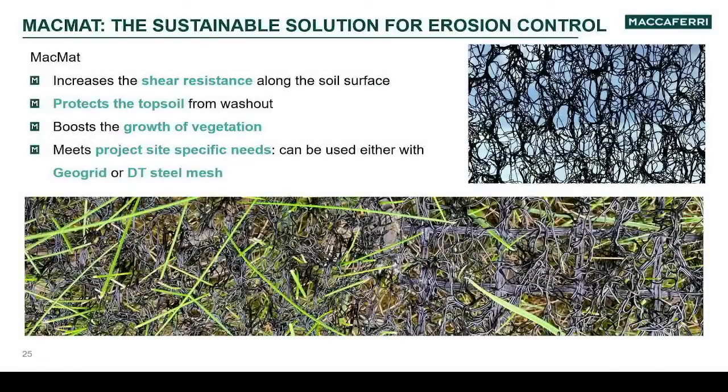We see that there is a lot of increase in the shear resistance when we include a reinforcement inside these kinds of geosynthetic solutions. Reinforcement could be steel, or it could be a high strength polymer geogrid as well. And the protection of the topsoil happens.